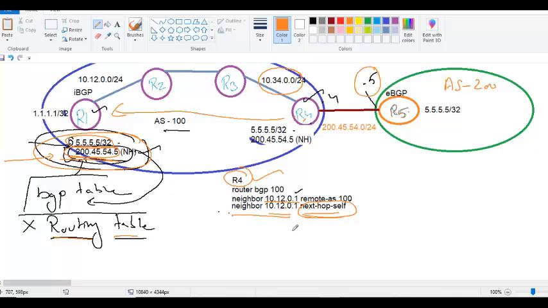Neighbor 10.12.0.1 next-hop-self. Because you said this, instead of putting the address 5.5.5.5's neighbor, I'll put my own.